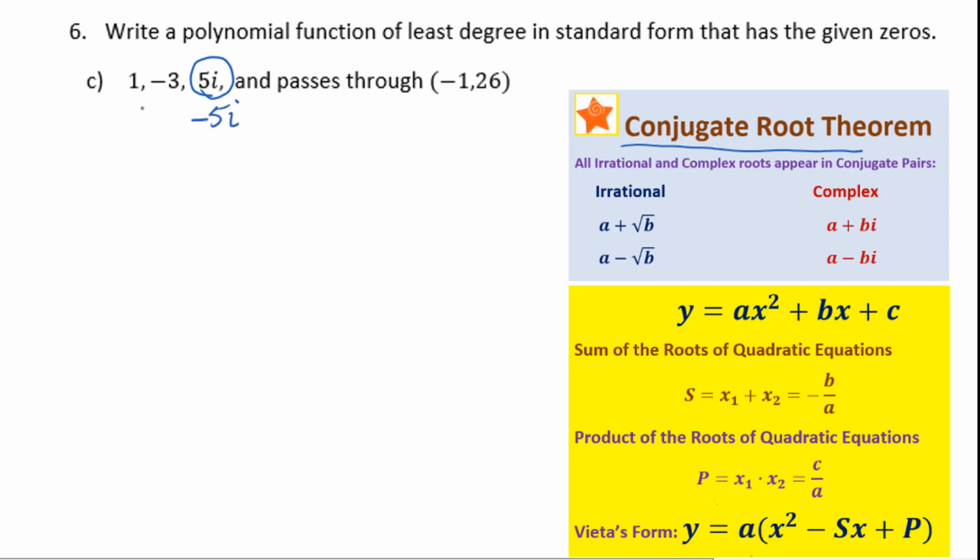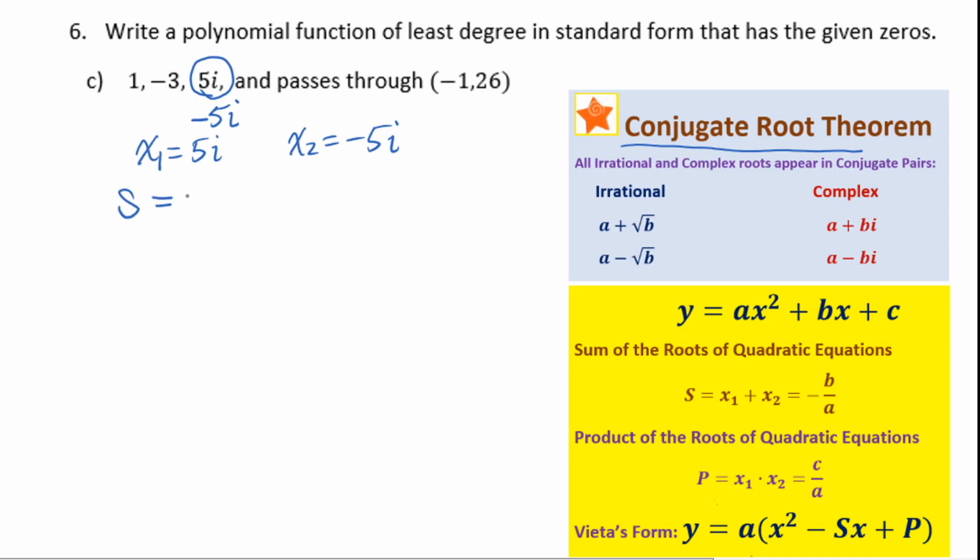Altogether, there are 4 roots for this polynomial function. Let's label x1 equals 5i and x2 equals -5i. I will look for the quadratic function with the roots 5i and -5i.